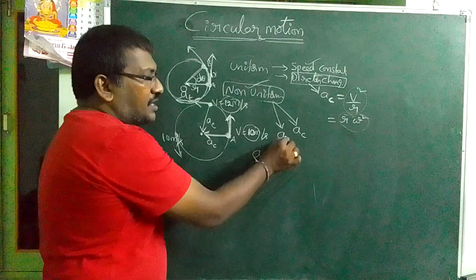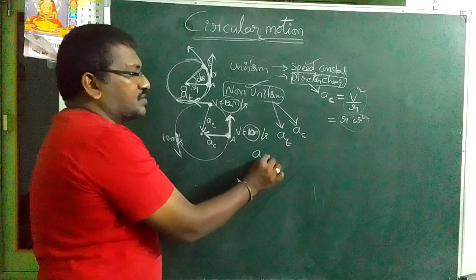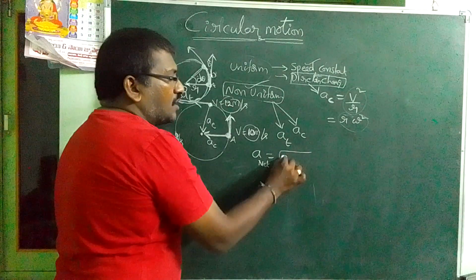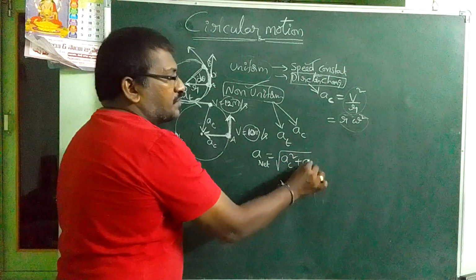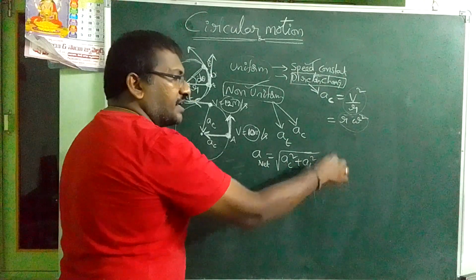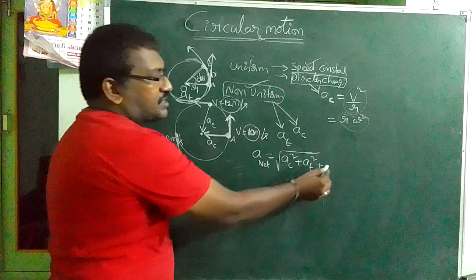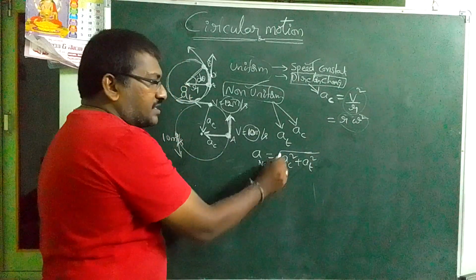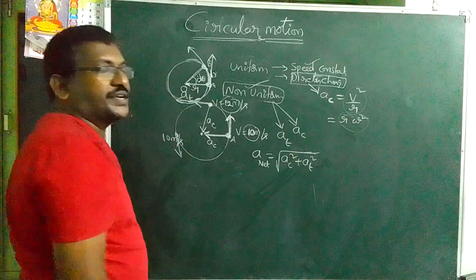According to the parallelogram law of vectors, we know the resultant vector is given by root of AC square plus AT square plus 2 AC AT cos 90. Cos 90 is 0, that's why this term becomes 0 here. You get the net acceleration as root of AC square plus AT square.